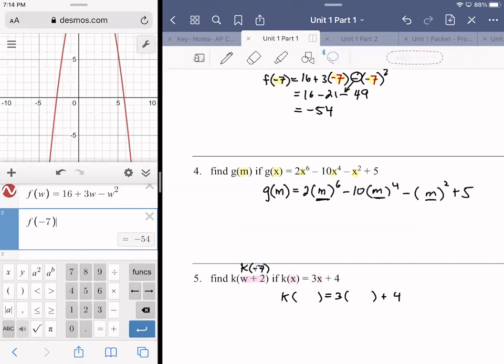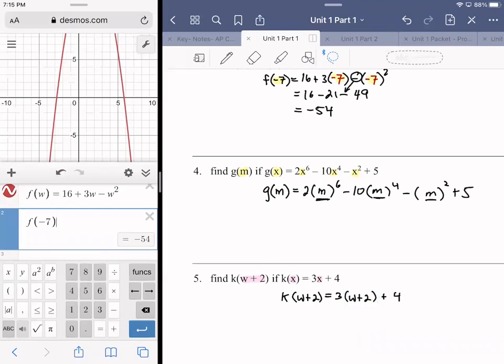You'd put the -7 in each of the places where the x's were. All right. This time it says w plus 2. So I'm going to take that w plus 2 that was here. I'm going to take that and plug it in for each one of these x's. So here and here.